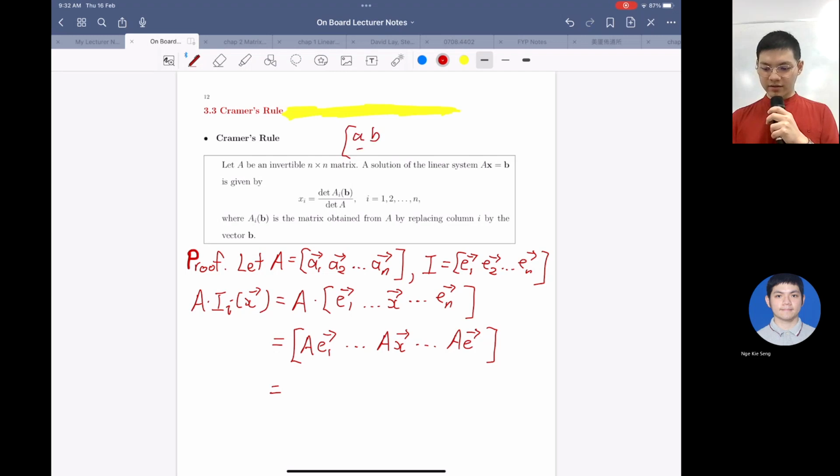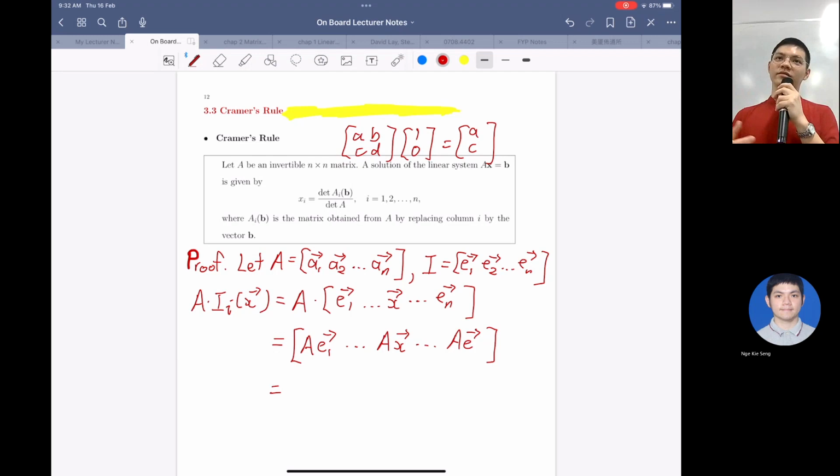A times the first standard basis vector will read out the first column of A. Make sense? This is how we find the standard matrix for a linear transformation.